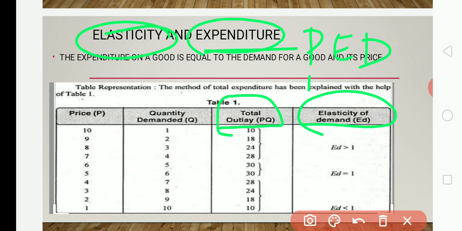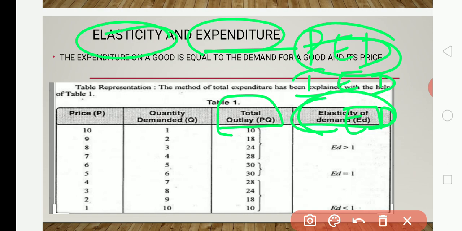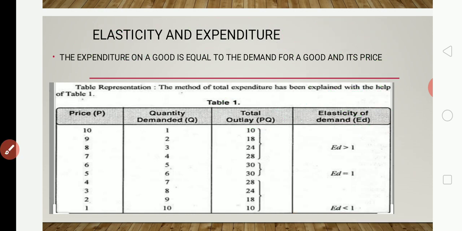Number 2, income elasticity of demand. Number 3, cross elasticity of demand. In price elasticity of demand, we discussed 5 classifications: perfectly elastic demand, perfectly inelastic demand, relatively elastic demand, relatively inelastic demand, and unitary elasticity of demand. If you remember that, this will be understood easily.